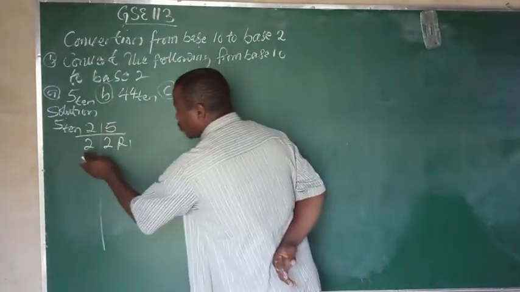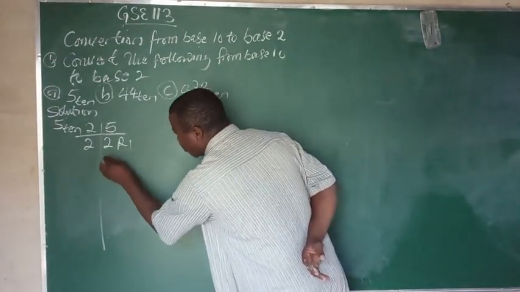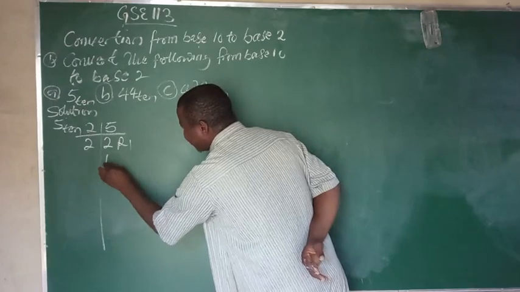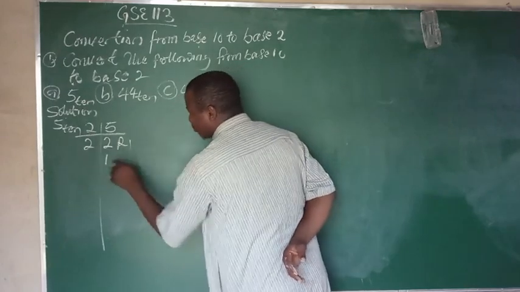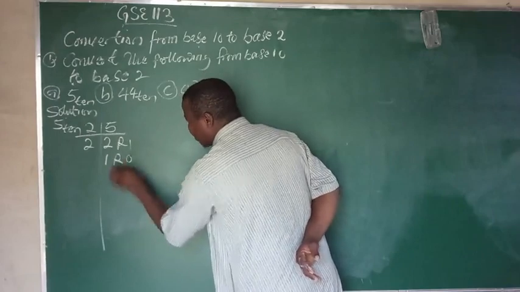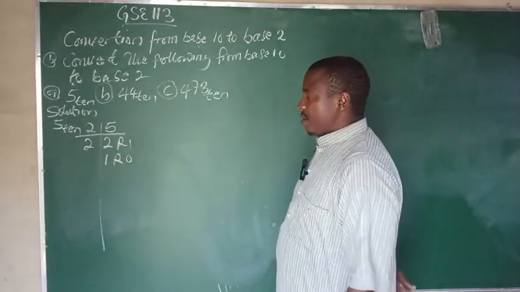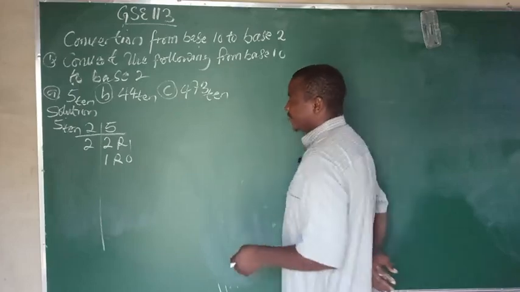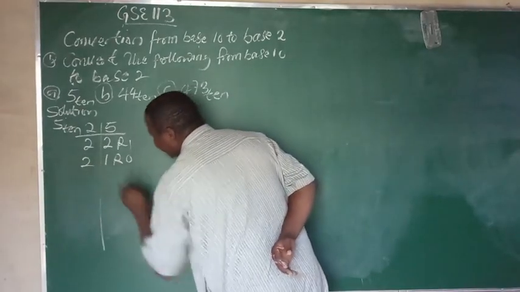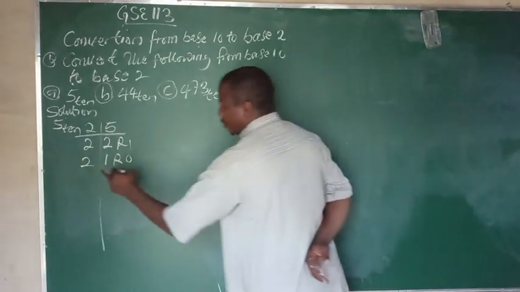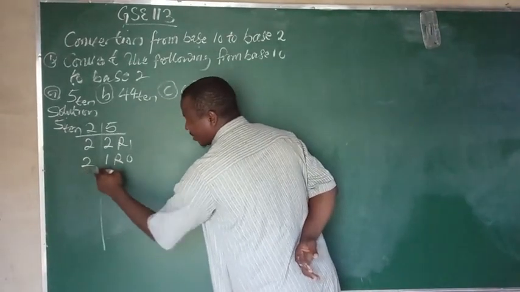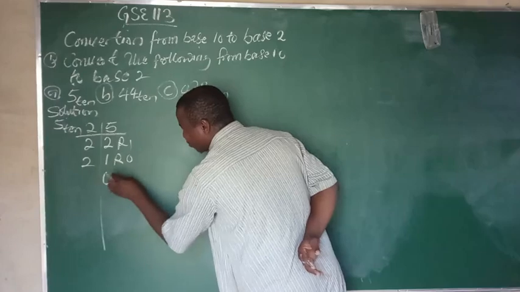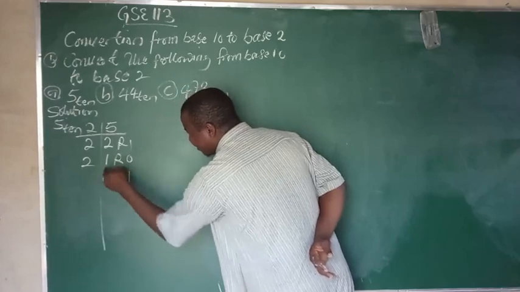Then the second stage, we repeat by dividing by 2 also. Then we say 2 into 2, it will go only one time. 1 times 2 is 2, therefore there is no remainder. Then the next stage, we also divide by 2. 2 into 1 is 0, remainder 1. Remember this one.